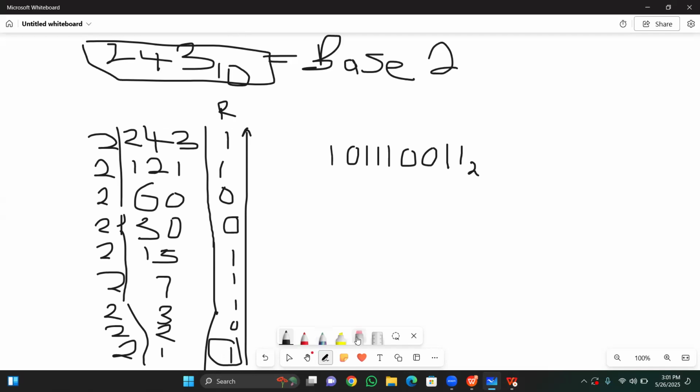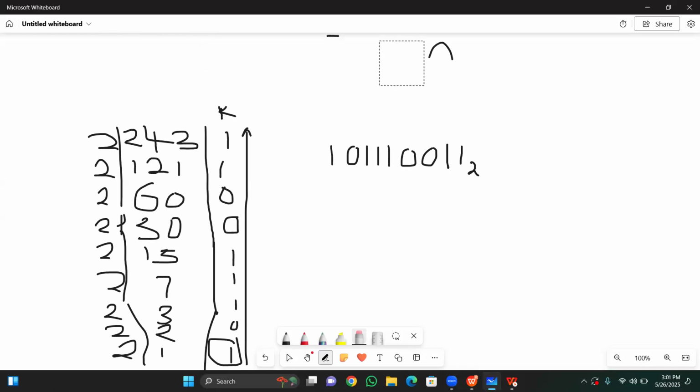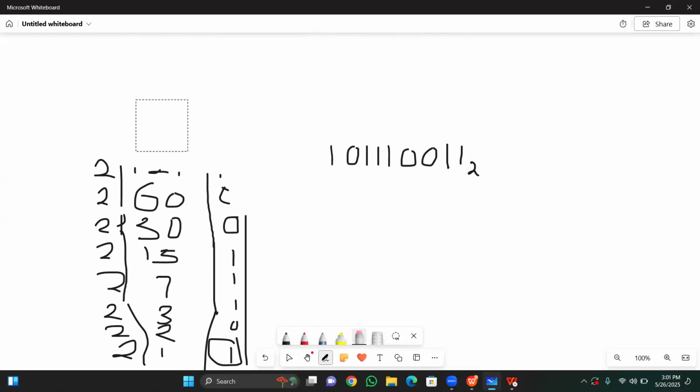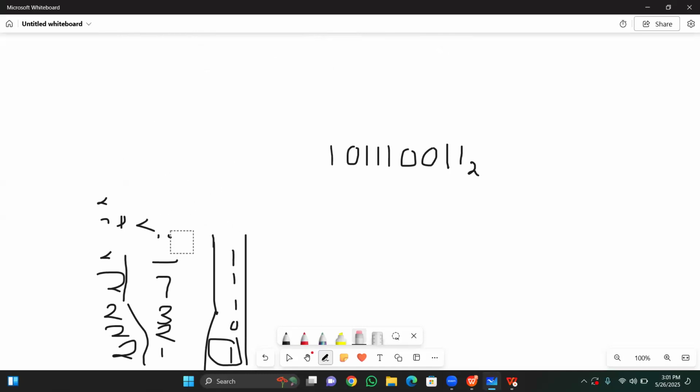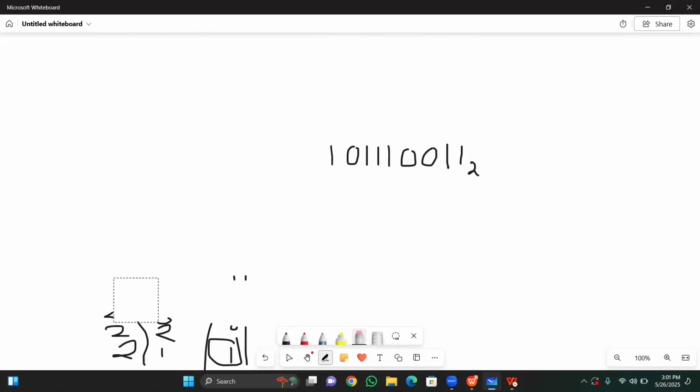So I'm actually going to erase all these things and I will keep the other one. I'm going to delete everything. So let us convert this binary back to decimal. Let us see if we really got it. Okay, so we have this, look at their positional values.